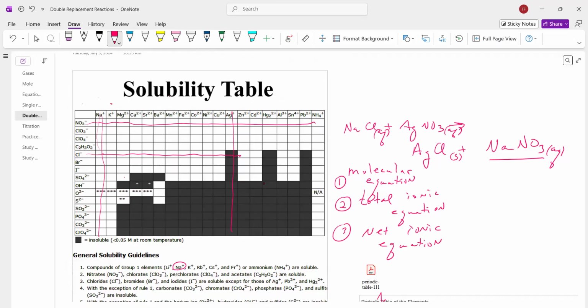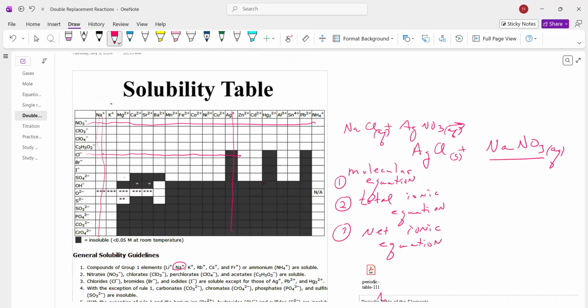And sometimes you have a net ionic equation, sometimes you don't. If nothing happens when you put them together, you have no net ionic equation. Only if you see a solid or color change. In our lab here, it's going to be a solid, but if you see a color change, there's a reason for the color change.